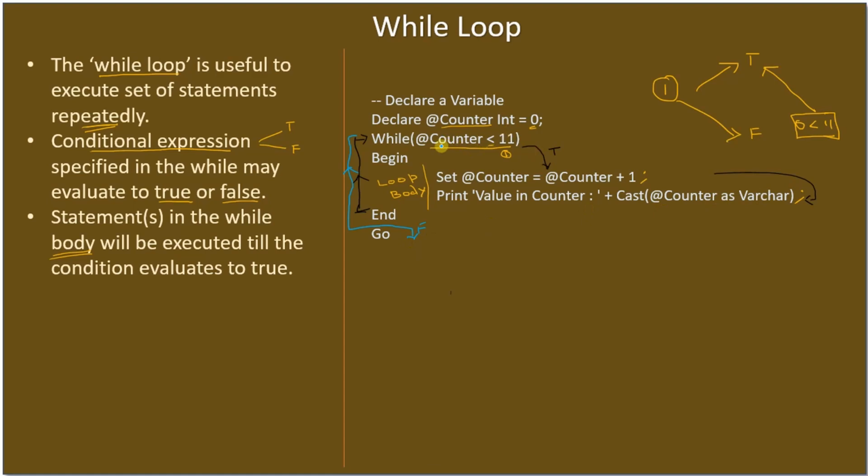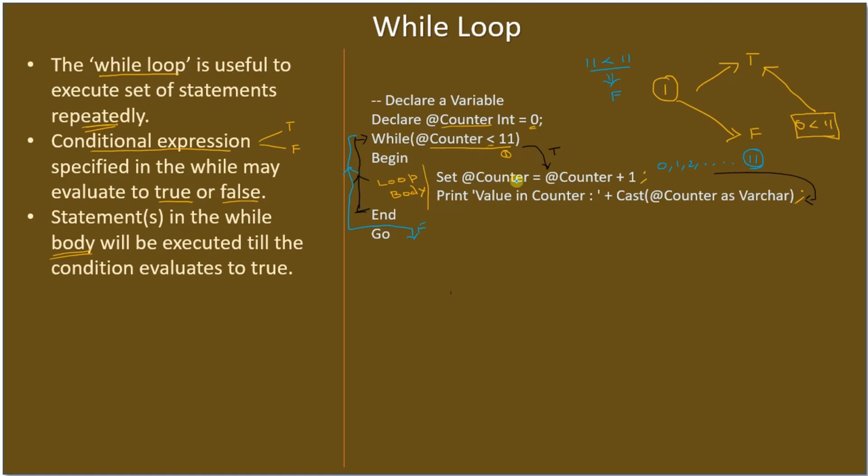It will evaluate to false when counter value is 11. So the time when we check 11 less than 11, the condition will return false, and since it returns false, we will come out. And inside the body, if you see, we are incrementing the counter. So counter will go from 0, 1, 2, likewise it will keep on incrementing. Here we are setting the counter, right? Counter is initially 0.